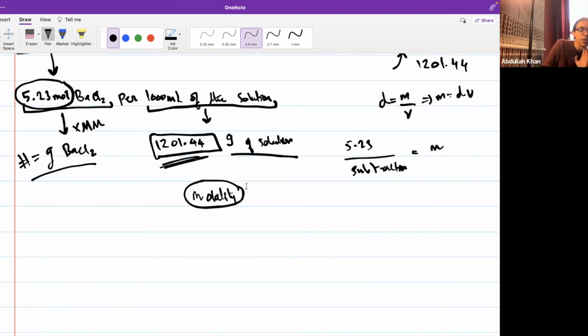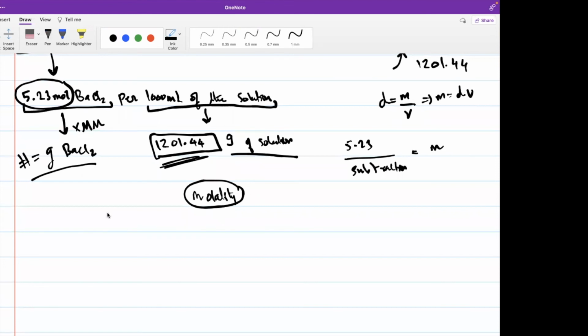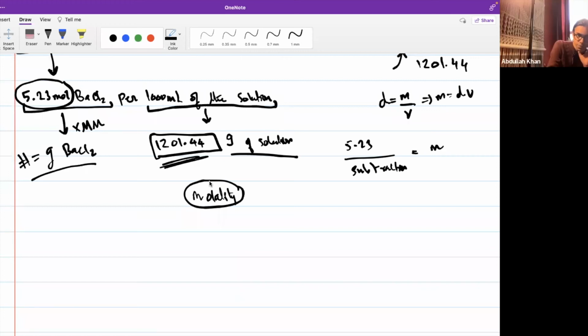To do that, you would need to subtract. Oh, okay. So if it asks for molality, then yes. But for this question, we just need the grams of BaCl2 over the total mass, and that's it. Yeah, true. That's the one.